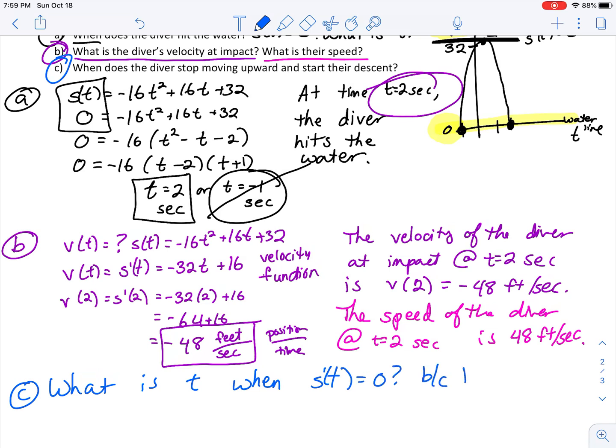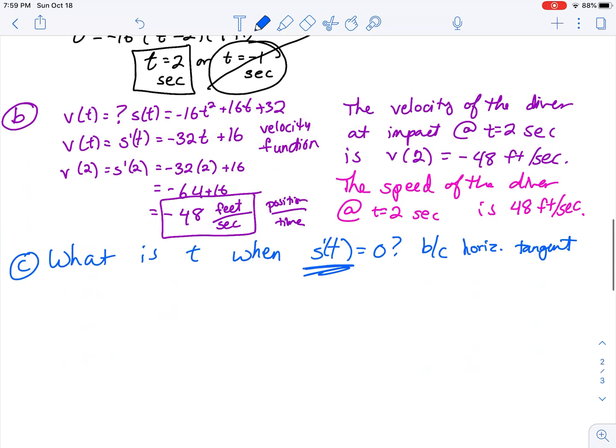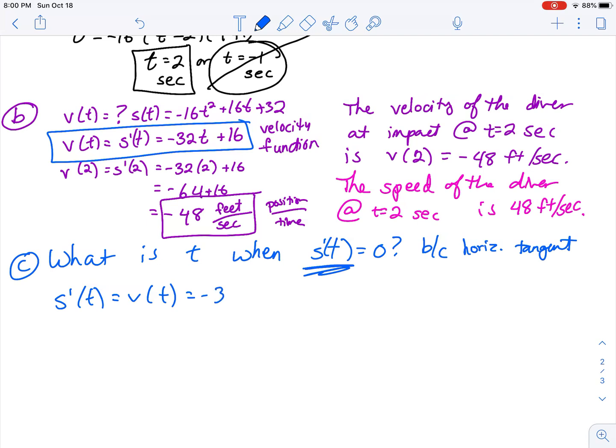Because of a horizontal tangent. Well, s prime of t, don't we already have that? S prime of t is the same as v of t, which is negative 32t plus 16. If we substitute 0 for s prime of t, 0 equals negative 32t plus 16. We only have one variable, t, and we're looking for t, so this is perfect.